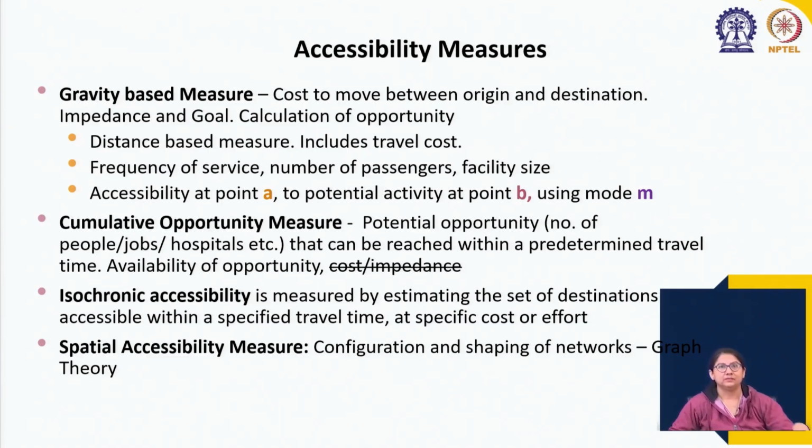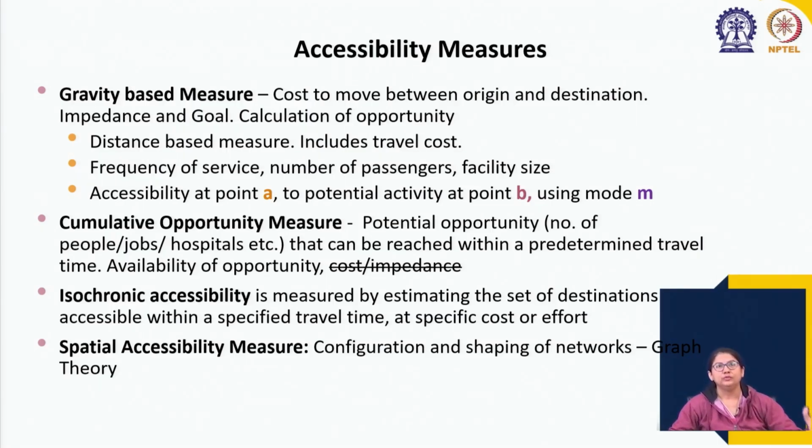So, essentially this measure tells, at one location, say A, what is the accessibility of point B from point A. It is looking at both point A as well as point B, but mostly from the standpoint of point A. So, what is the accessibility at a location with respect to certain opportunities at specific distances?